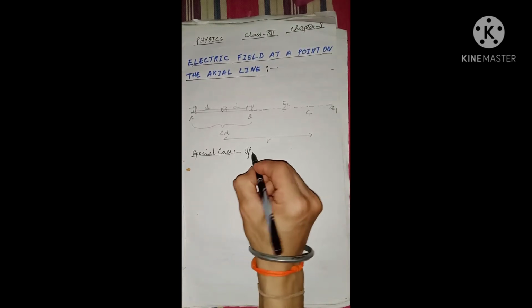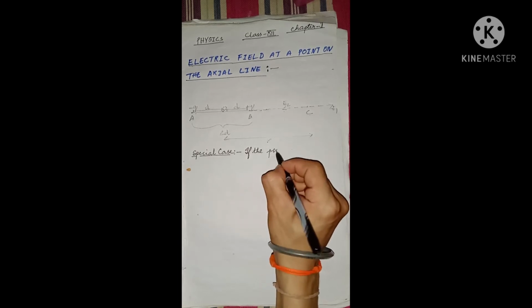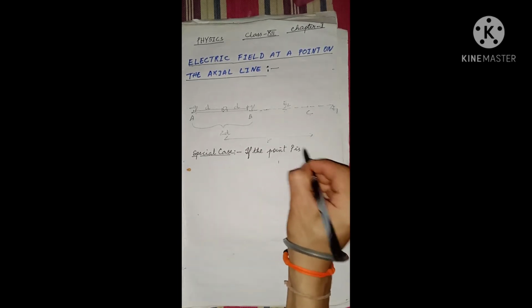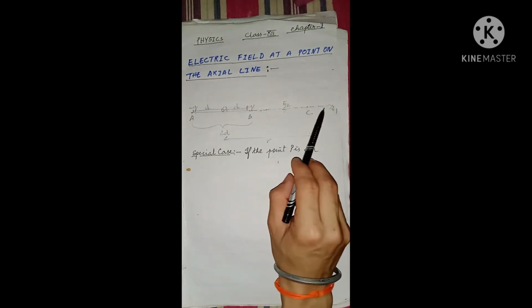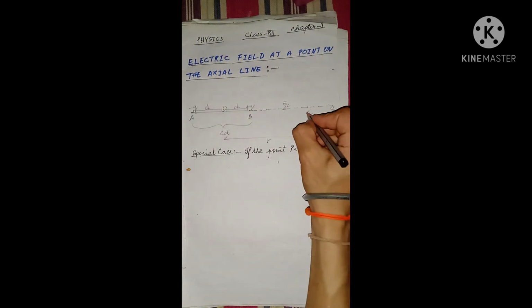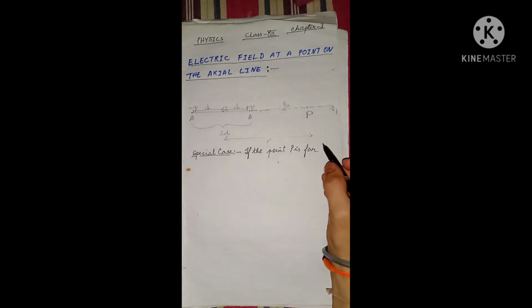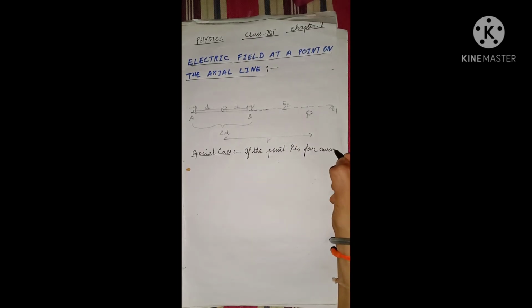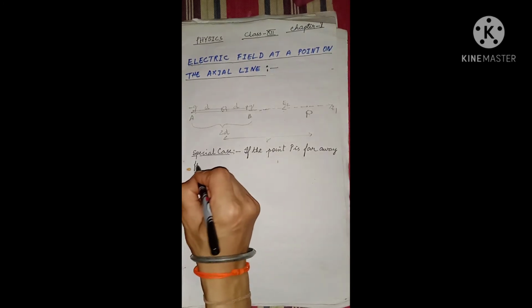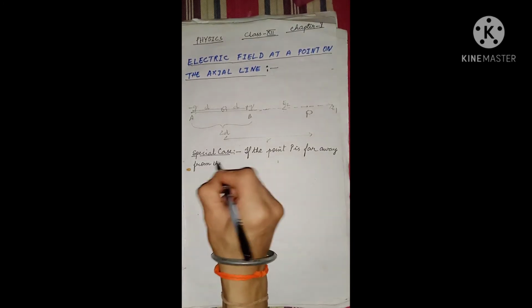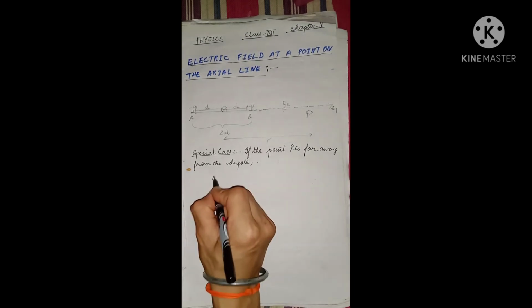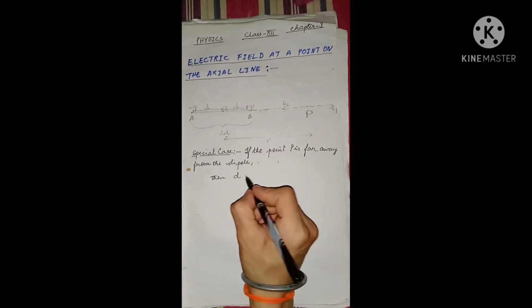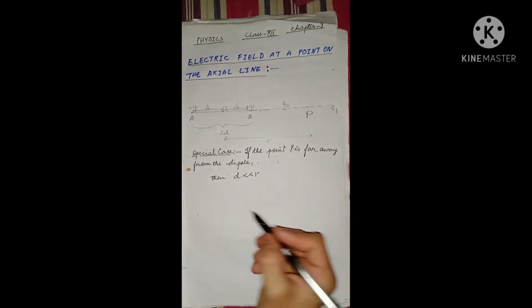Suppose this is the point P. If the point P is far away from the dipole, then we can write D is very small compared to R. Remember that.